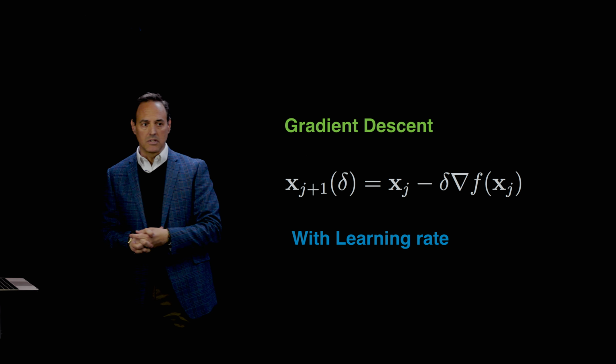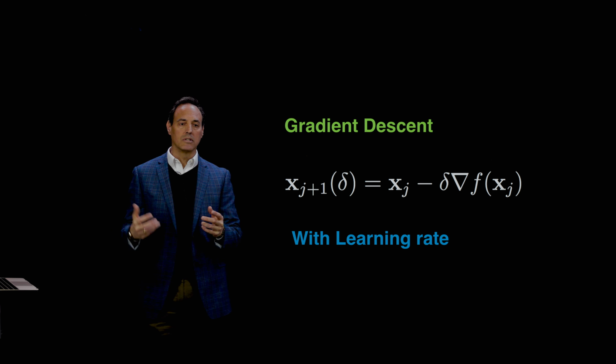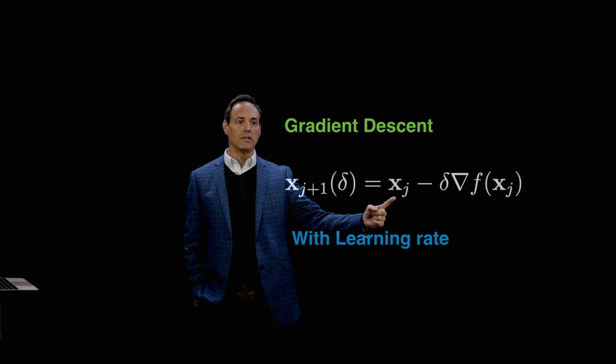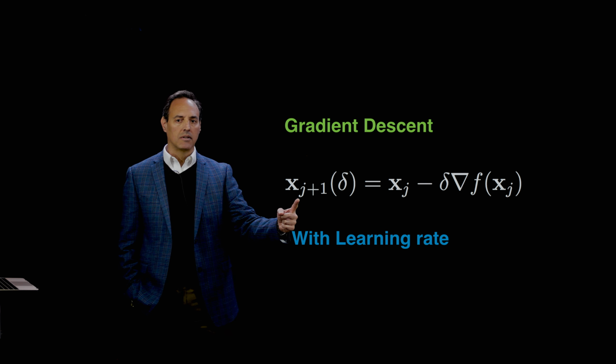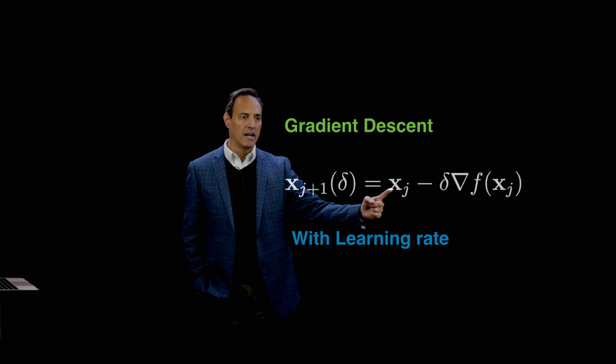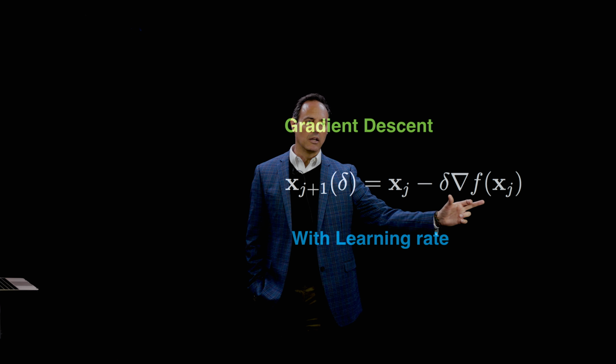And typically the way this is done is just with gradient descent. And we talked about gradient descent previously, which is I want to basically take my current vector of weights, let's call it x of j, walk it to the next set of values, x of j plus 1. And the way I'm going to do that is by updating the x of j and by including this gradient computation.